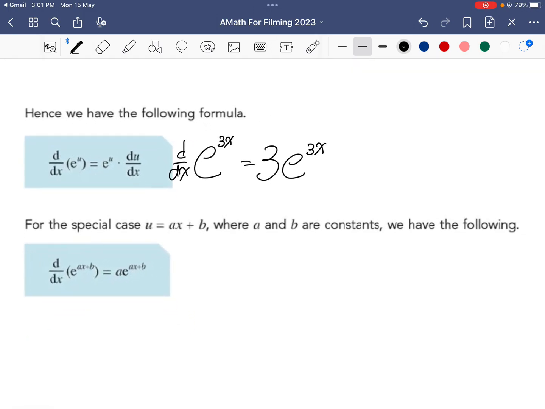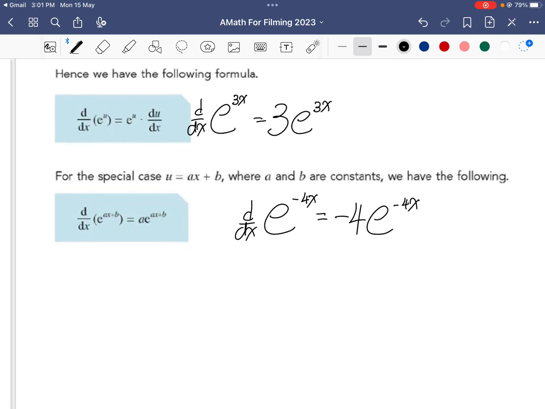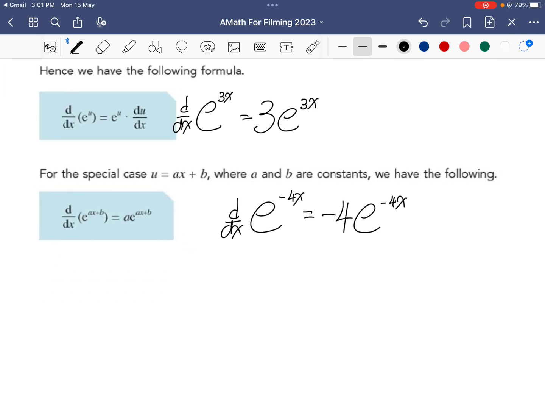Okay, I give you another example. If I want to differentiate e to the power of, let's say, negative 4x, differentiating negative 4x gives me negative 4, which I multiply, and I just copy out everything, so negative 4 times e to the power of negative 4x. Similar idea.